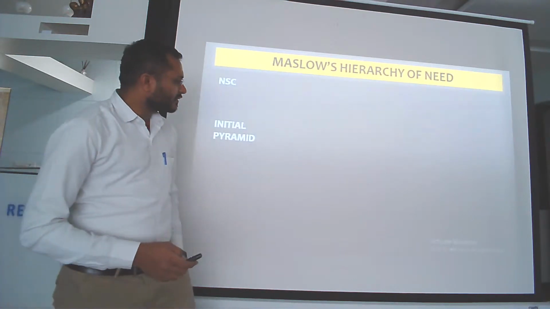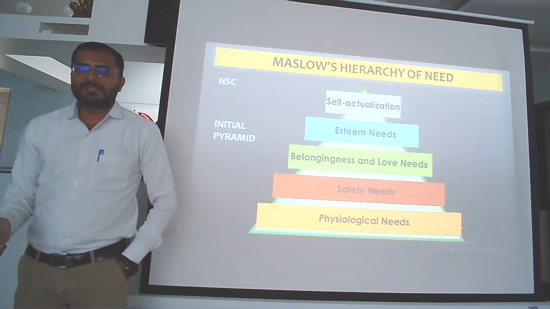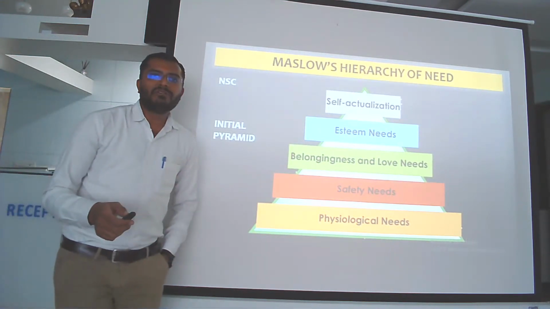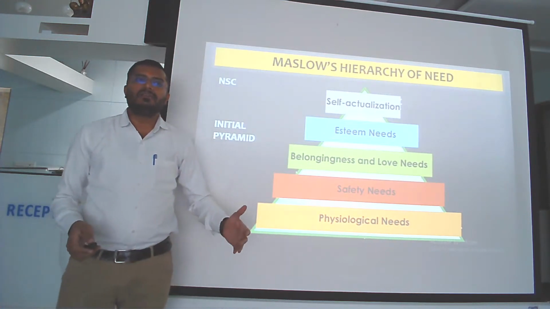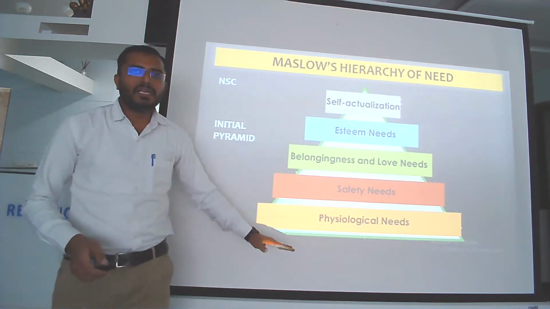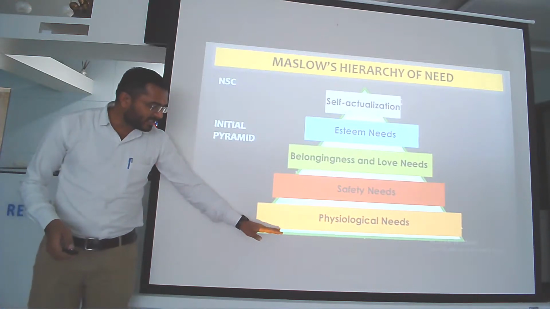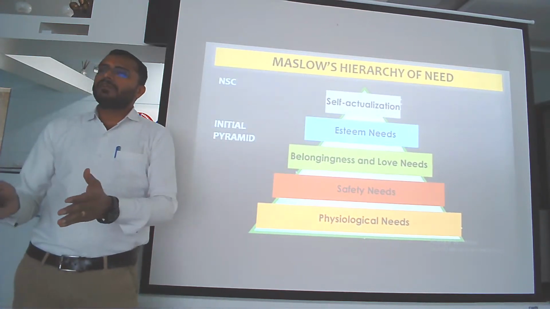Maslow was a psychologist in the USA, and he developed a theory of motivation of needs. In that motivational theory he gave an initial pyramid showing every person's needs, from the base to the top.